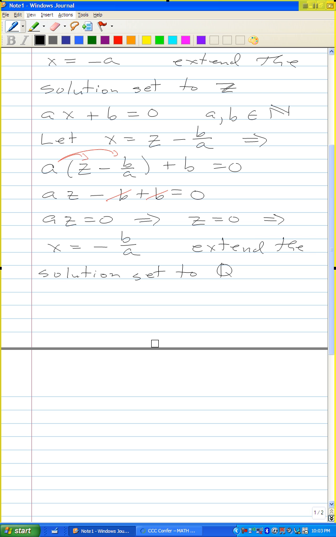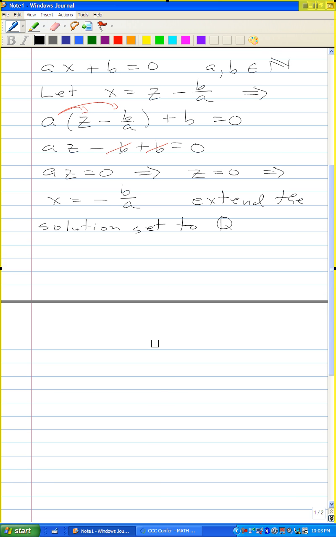And so if I do that, then I'll be able to determine every possible solution. And so that's basically a technique to solve linear equations. Let's try quadratic equations.